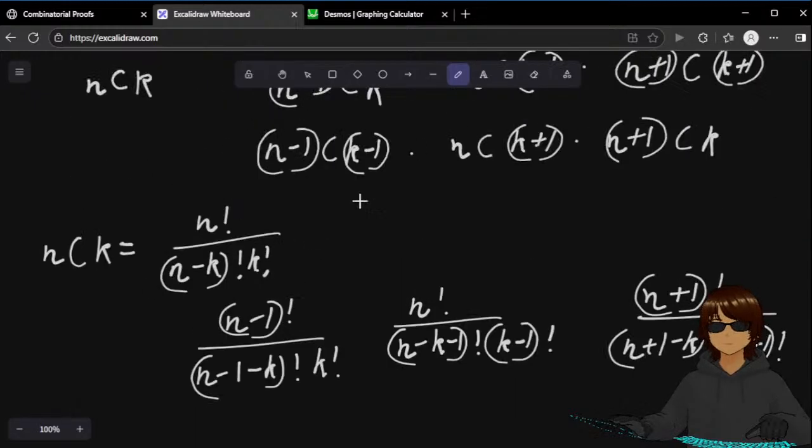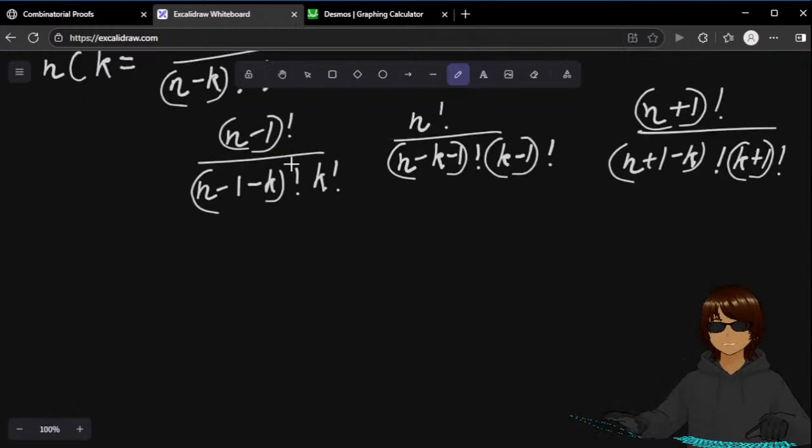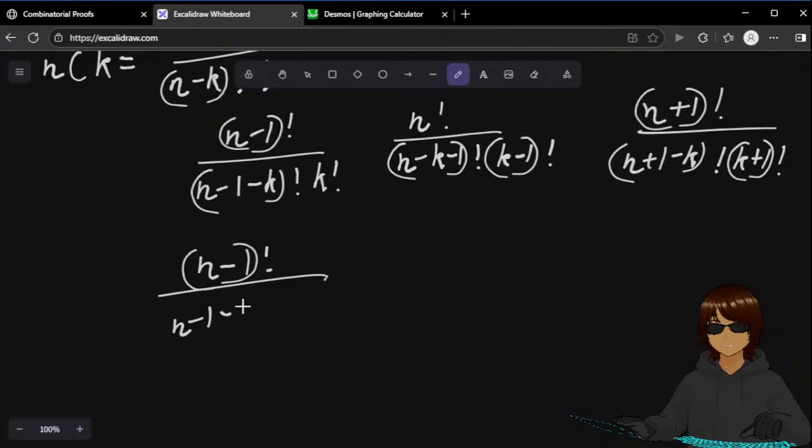And then for the other one, n minus 1, k minus 1, minus k minus 1, right? Or minus k minus 1 factorial, k minus 1 factorial.